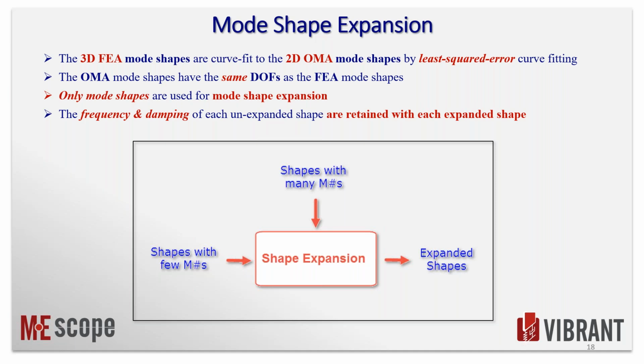Now you can go down the hall at your organization and get some FEA expert to design a fancier FEA model and solve for its mode shapes and import them into MEscope and do the same thing. But we're just trying to get a look here at how the 3D motion of the machine behaves using fairly simple mode shapes. And again, frequency and damping don't matter.